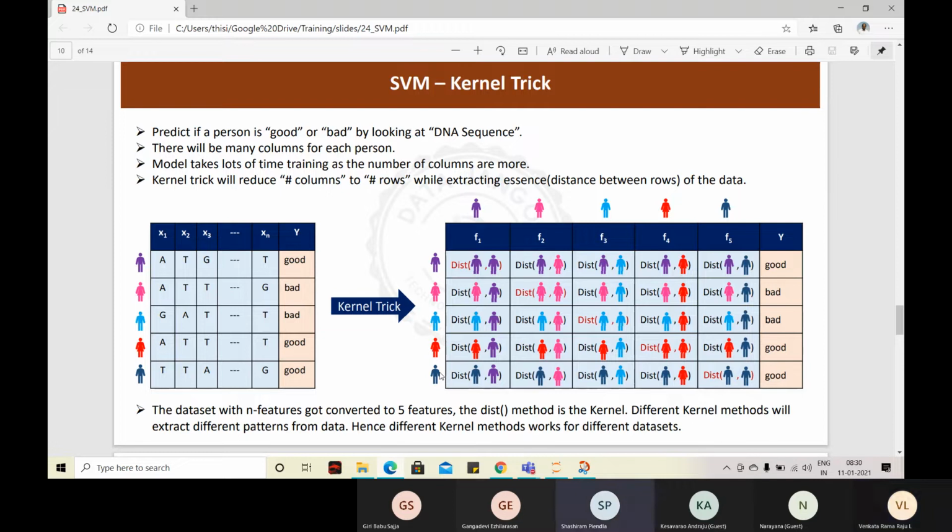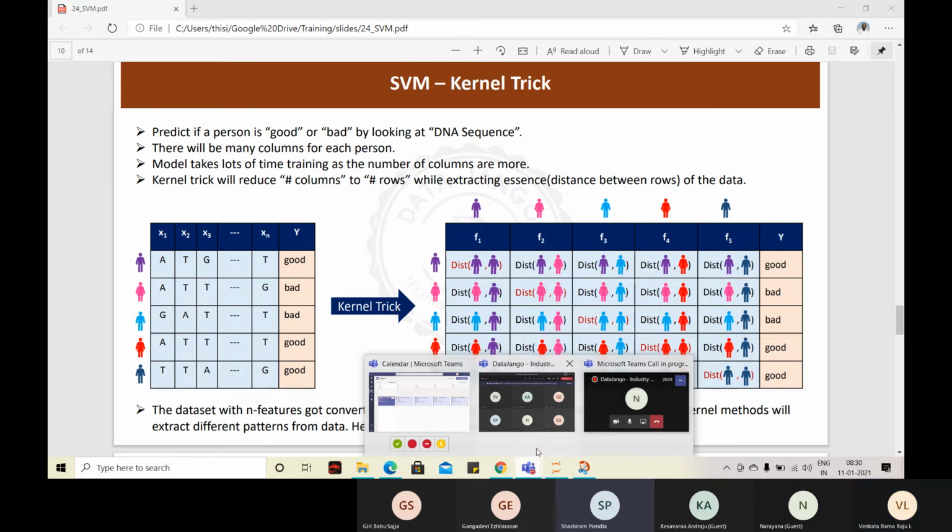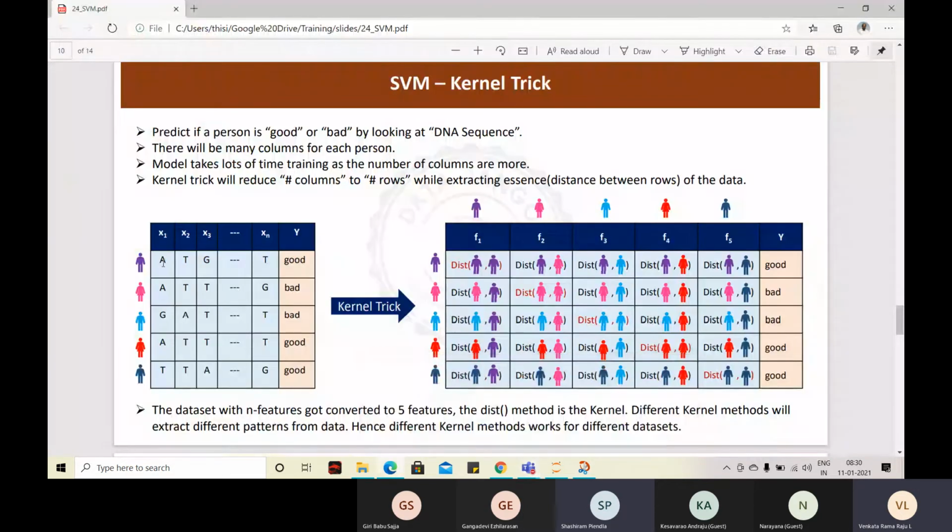Sir, I did not understand the reduction actually. So 1 million records, how is it? See, simple: if you calculate the Euclidean distance between one record and another record, what will you get? What is the outcome of a Euclidean distance? One number. So I took the first record and the first record, calculated the Euclidean distance, and I got 0.